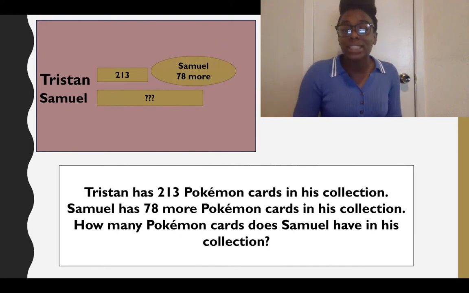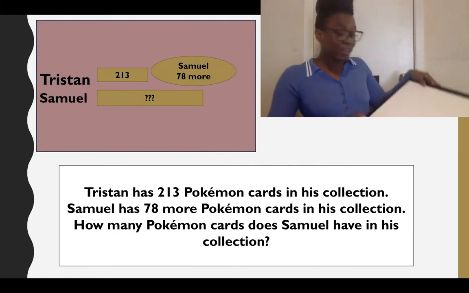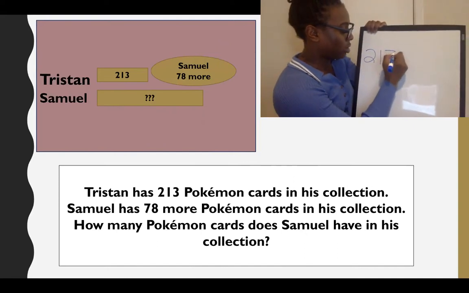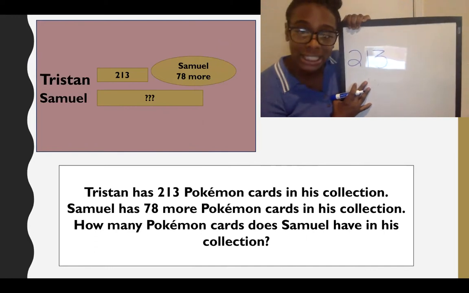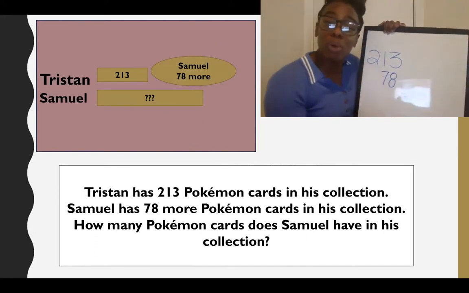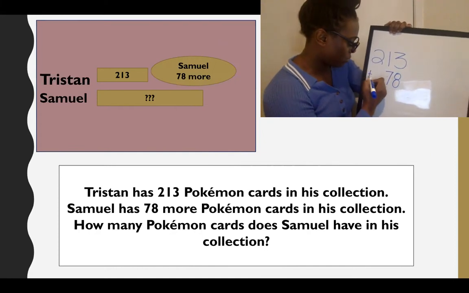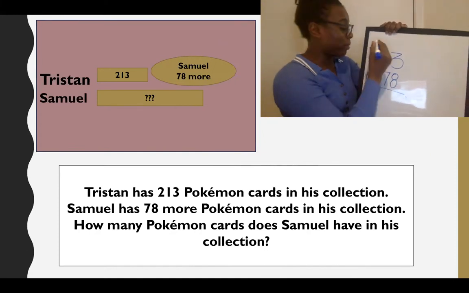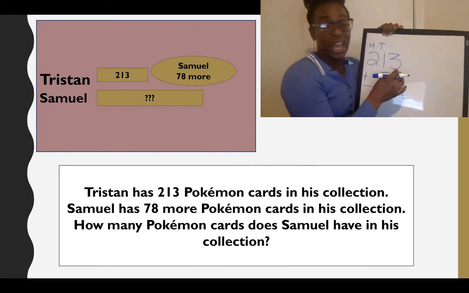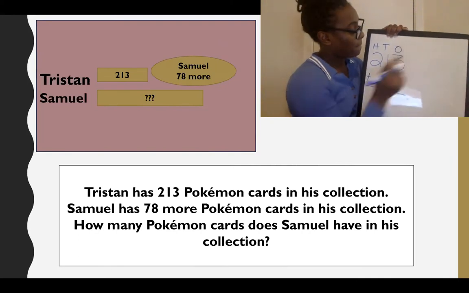So my operation is what? Addition. So let's solve it together. I have 213, and that represents the amount that Tristan has, and 78 represents how much more Samuel has than Tristan. So I know the 2 represents my hundreds place, the 1 is my tens place, and the 3 represents my ones place.